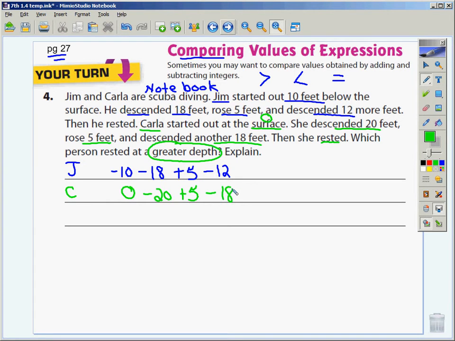And then she rested. And when we get done, we want to take these two numbers and compare them and decide which one was at a greater depth. In other words, which one was further below the surface. Remember that we don't do subtraction, so any place I see subtraction, I'm going to change it to addition, and I'm going to add the opposite.